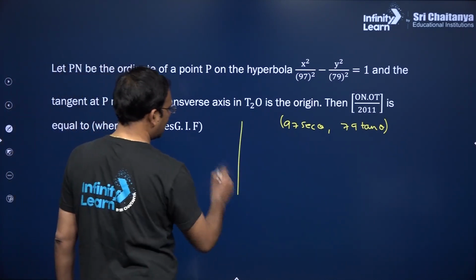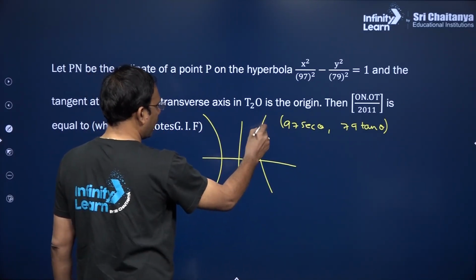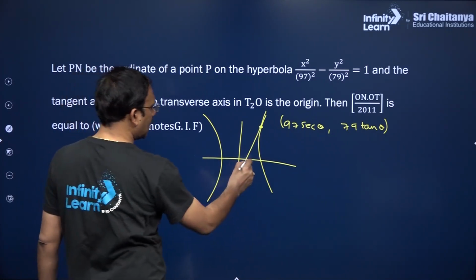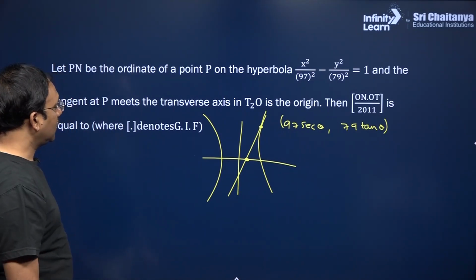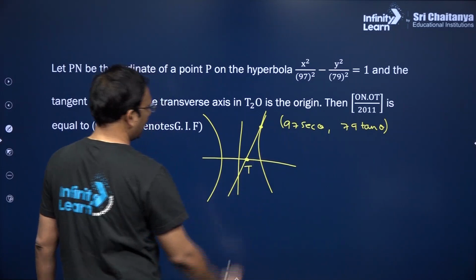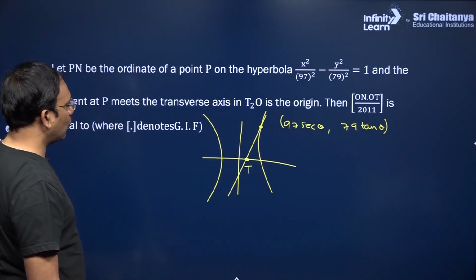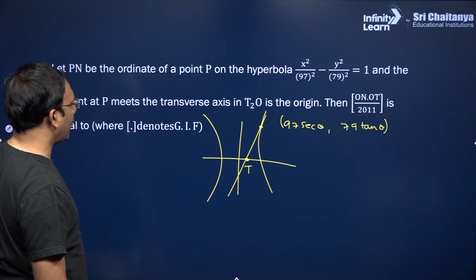That means, my dear friends, if you just take this particular hyperbola and some point, and you take the tangent here, the tangent cuts the axis at, suppose this is the origin, this point T, my dear friends, and O is the origin. He is asking about ON into OT, where Pn is the ordinate of the point P.